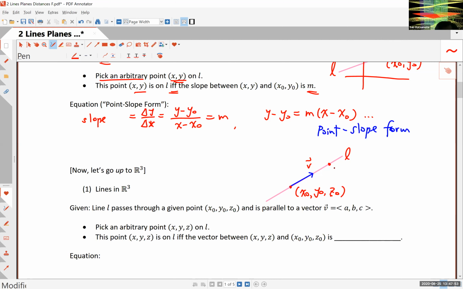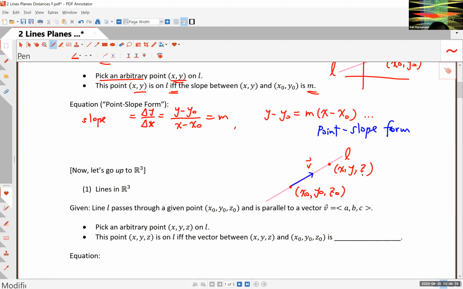We pick a random point X, Y, Z on this L, and then we ask this question. Okay, now we are told that X, Y, Z, that's the first, middle and last name of this point, a person, is X, Y, Z, and he or she says he or she belongs to this line L. What makes that name so special that the name XYZ belongs to L?